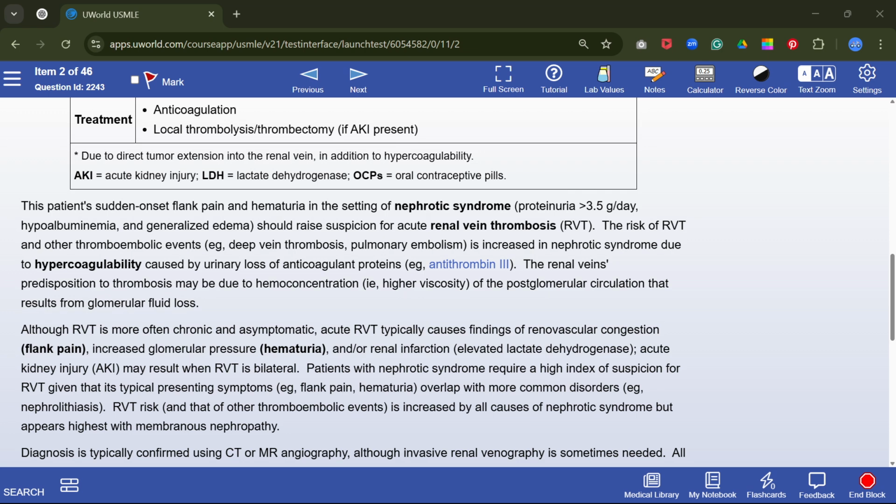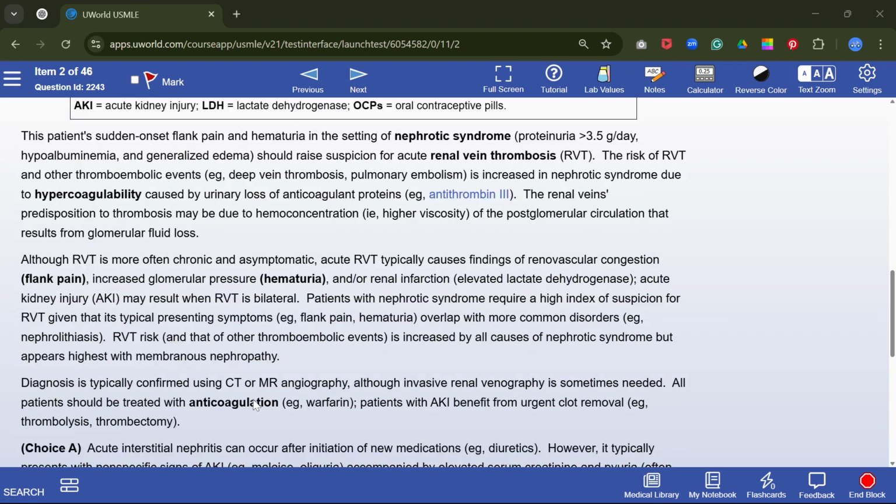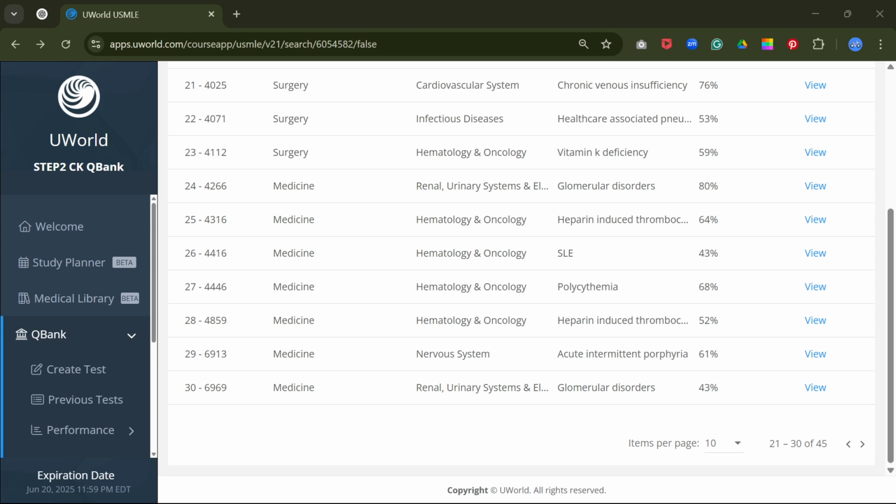The risk of renal vein thrombosis and other thromboembolic events is increased in all cases of nephrotic syndrome, but appears highest with membranous nephropathy, which we have already discussed. And we know how to diagnose it. So that's all about renal vein thrombosis. Hope you enjoyed.